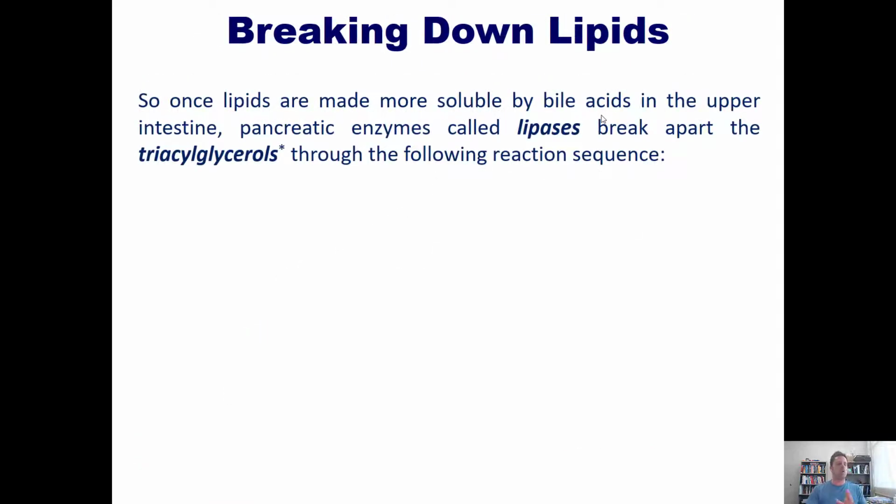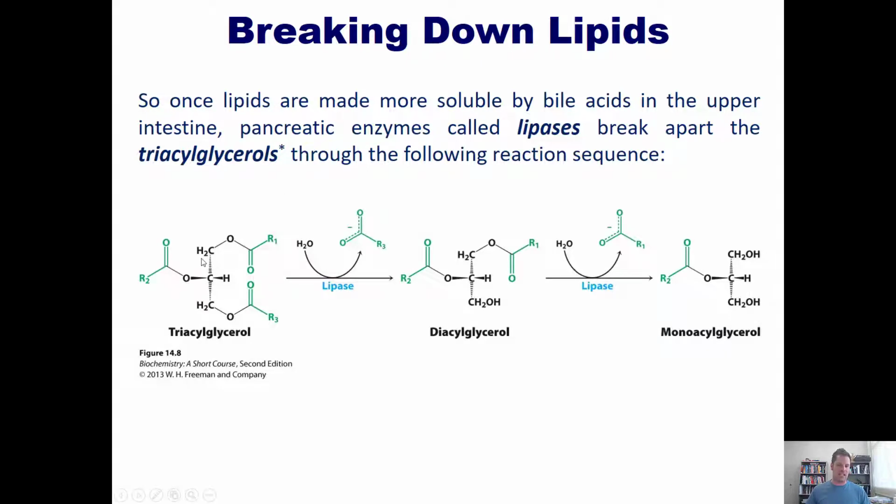All right, so once lipids are made more soluble by bile acids in the upper intestine, pancreatic enzymes called lipases break apart the triacylglycerols through the following reaction sequence.